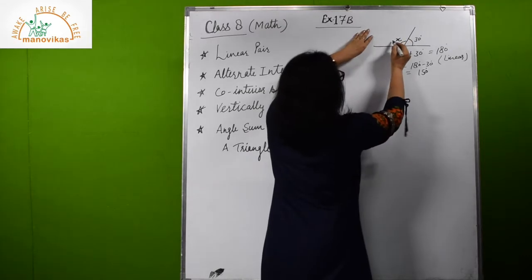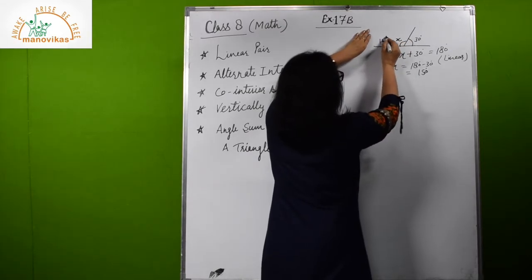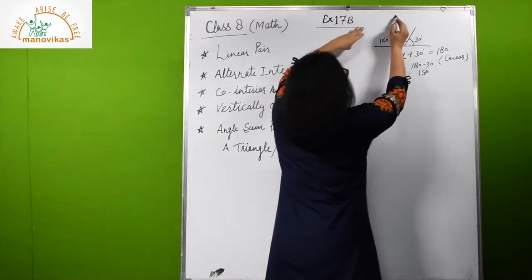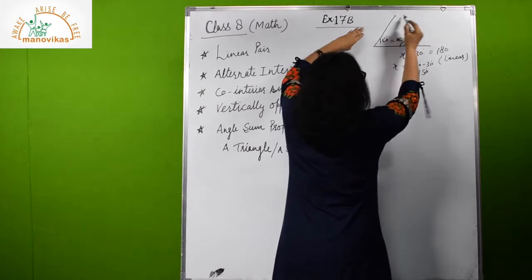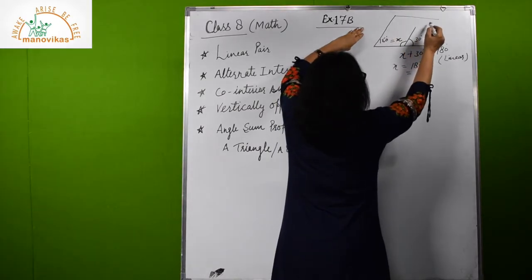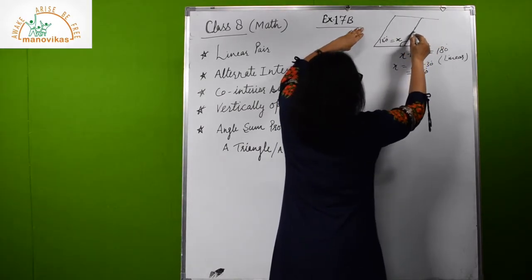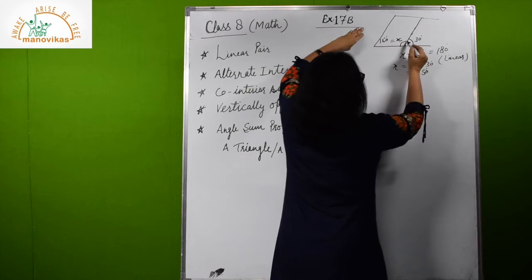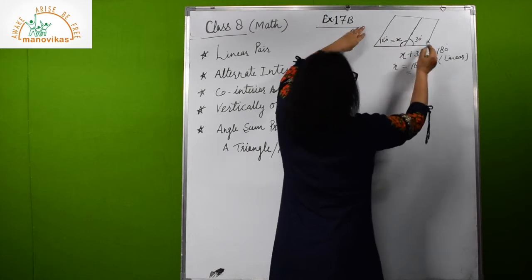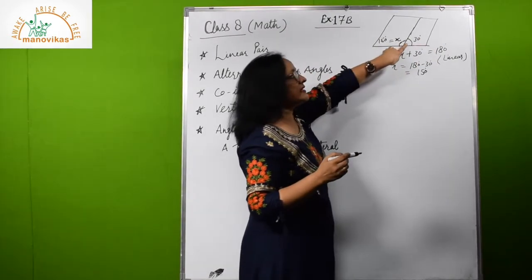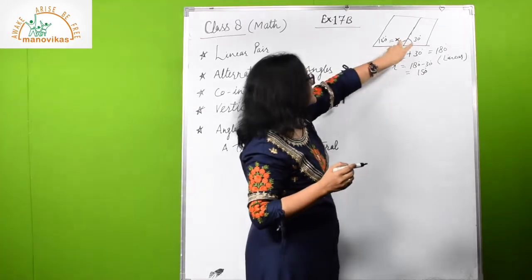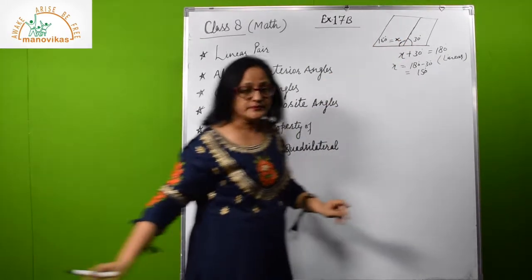So this x is equal to 150 degree found. Now if I make this as a parallelogram, suppose this is a parallelogram, you have to find this angle x. So this method you can find angle x by linear pair.